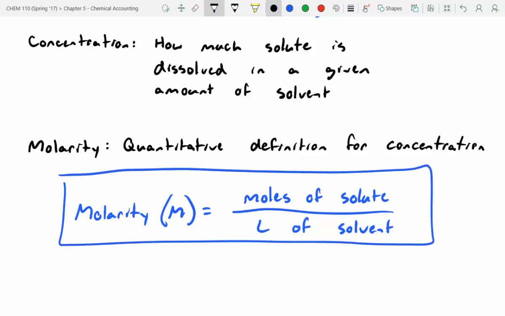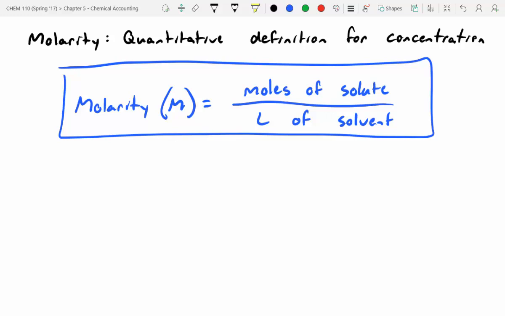So let's do a couple practice problems where we calculate molarity. So let's do one really quick.